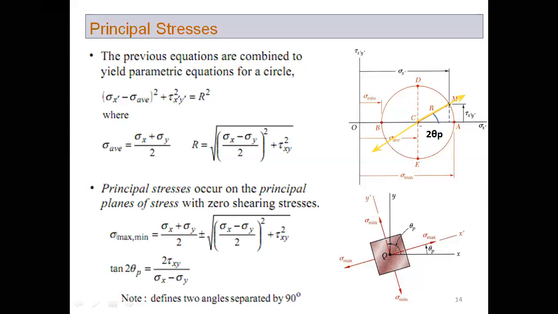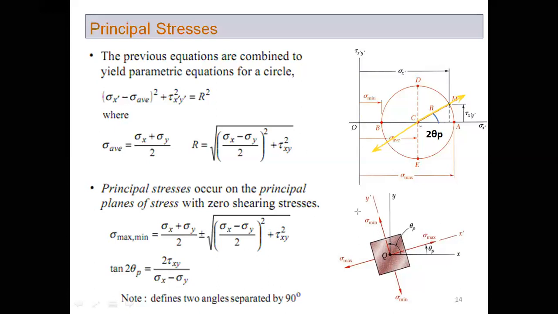And these are the mathematical equations by which you could find out the maximum and minimum normal stresses, or the principal stresses. And here you could see that the stress element is drawn showing the principal stresses, sigma x and sigma y.